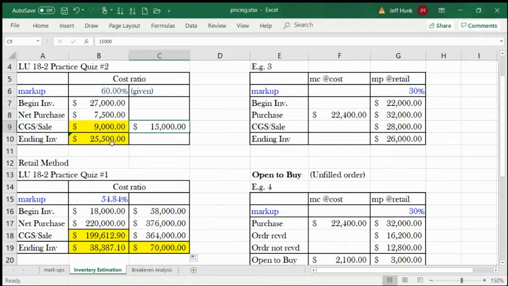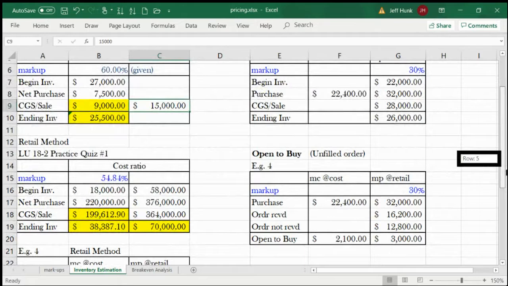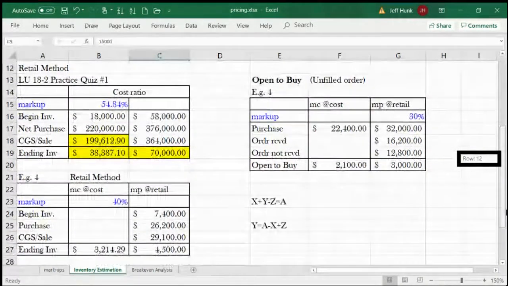We're trying to estimate the inventory. So we don't have to follow the income statement order. We're following the chronological order. But if you put it into the income statement, then it would have to be back to income statement order. So anyway, that's how you use the cost ratio, right?